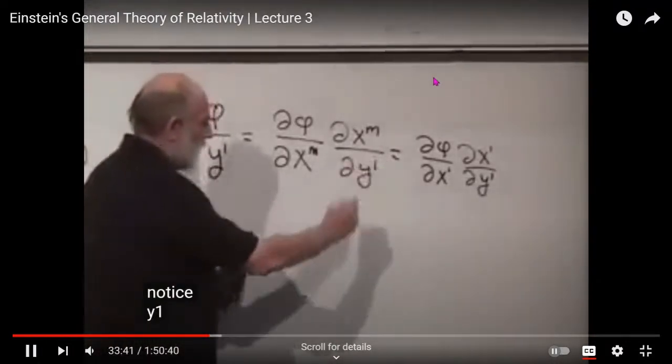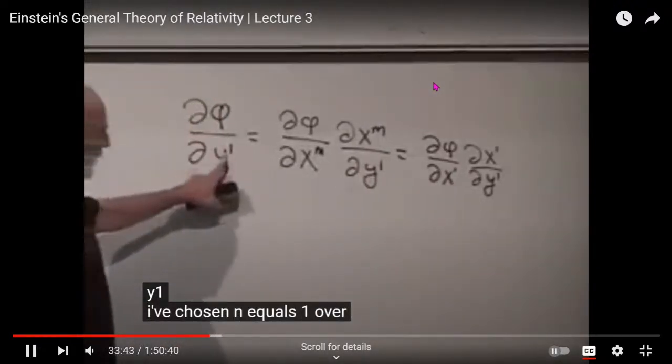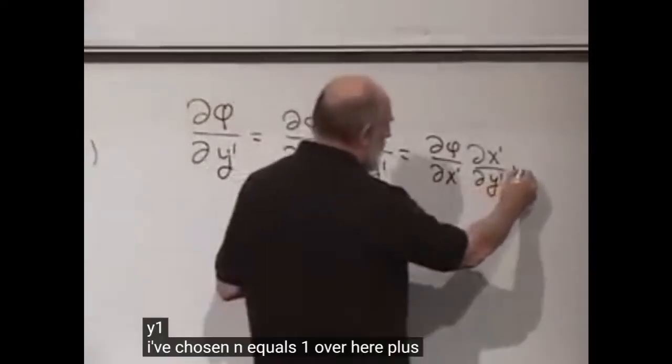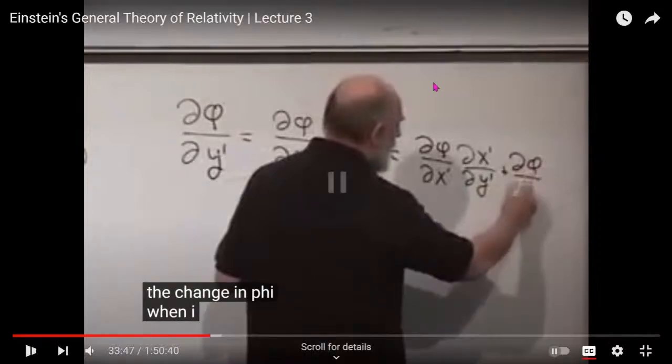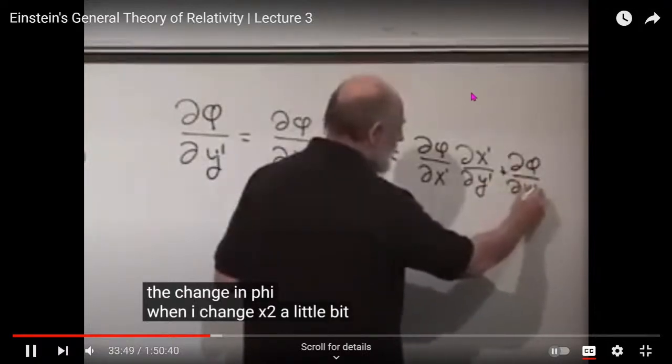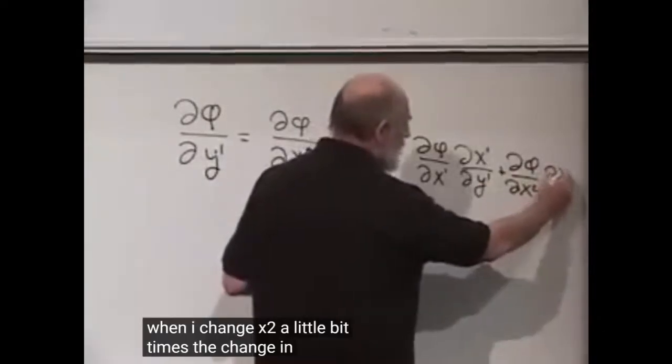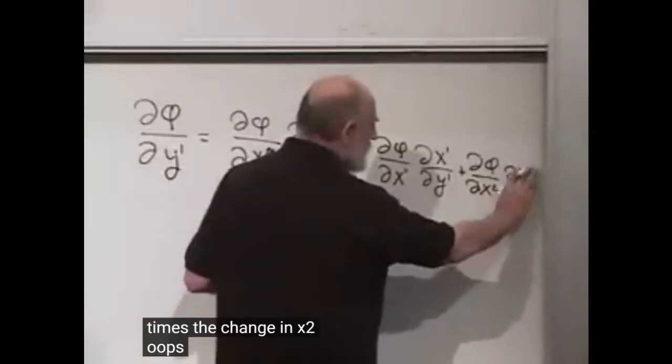Exactly. I've chosen n equals 1 over here. Plus the change in phi with respect to x2 times the partial derivative of x2 relative to y1. I change x2 a little bit times the change in x2 over y1.